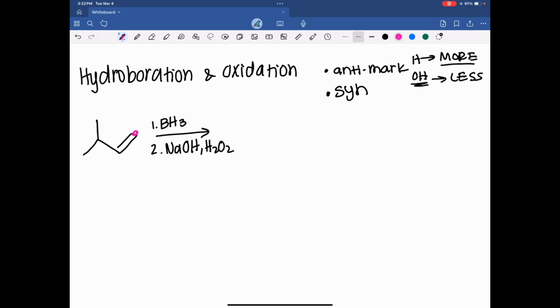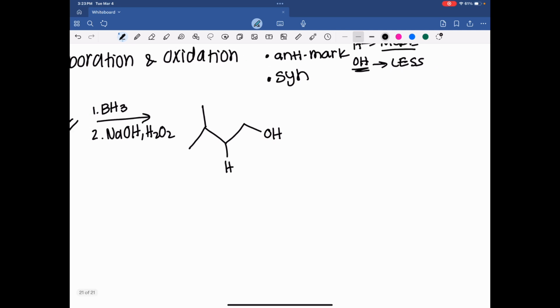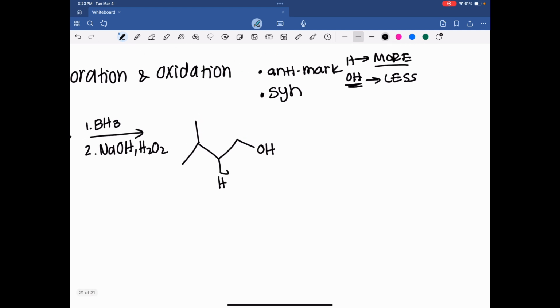So I look, this is my less substituted side, and this one over here is my more substituted side. So I will just go ahead and add my OH over here, my H over here. And then it is syn, so I know I'm going to get this and this.